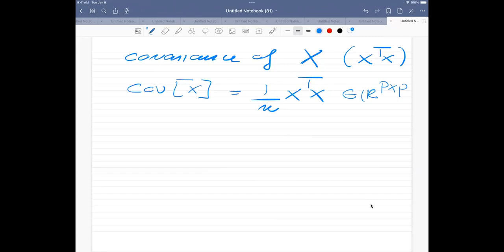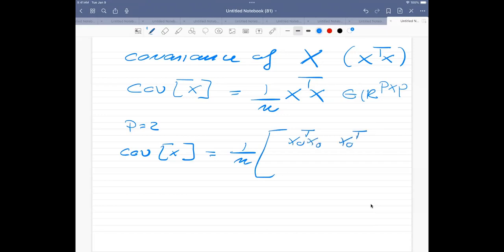So if you rewrite this for that simple case with 2 features, p equal to 2, then your covariance of X is equal to 1 divided by n, and then you have x0 x0, x0 x1, x1 x0, and x1 x1.